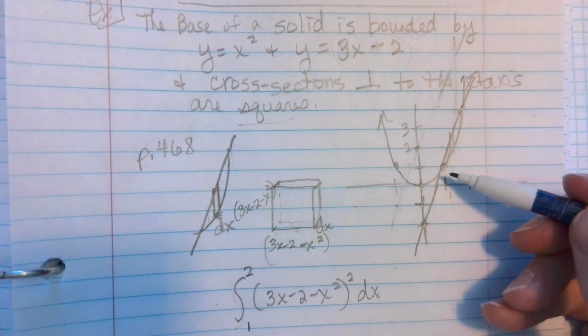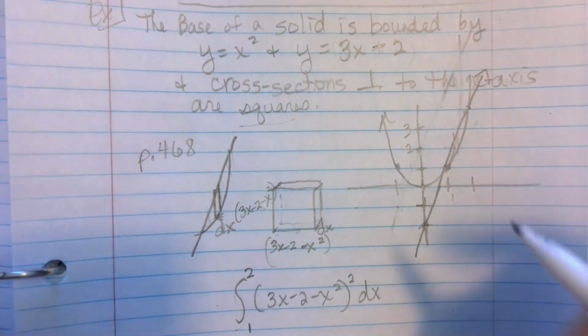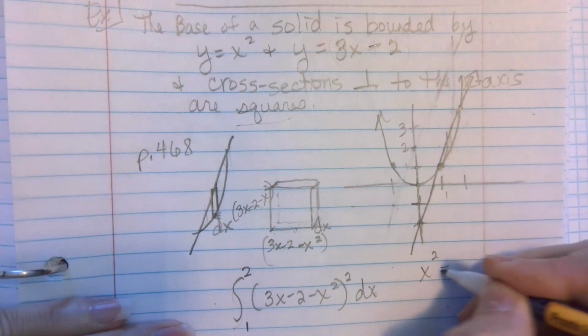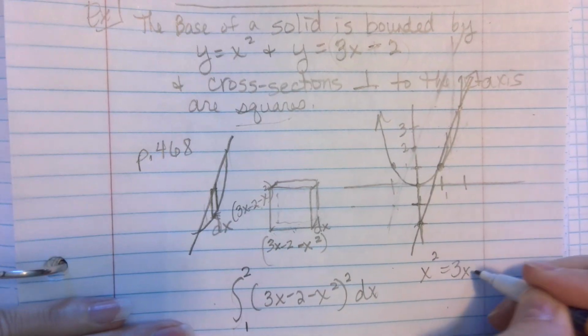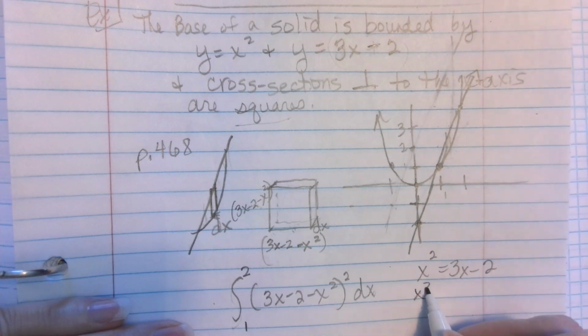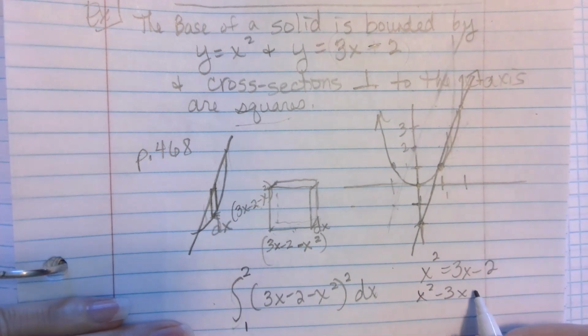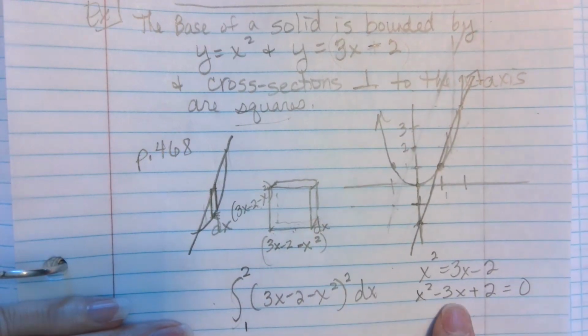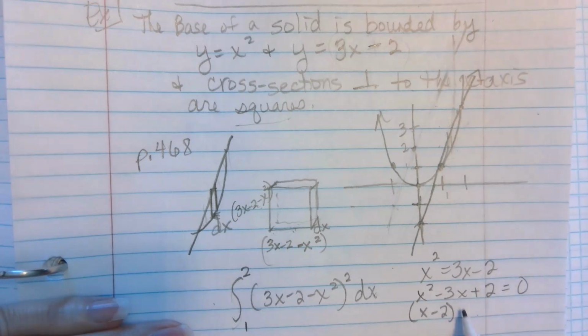Now, if you're not sure of those, if your drawing was weird, the way we can find those intersections is the same way we did, hopefully, in the 7-1 section, where you just set them equal to each other. You see my issue when I had a plus 2 originally? This was what I was trying to get to, so I could factor it nice and easy.